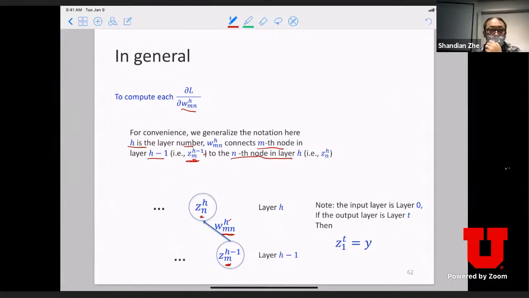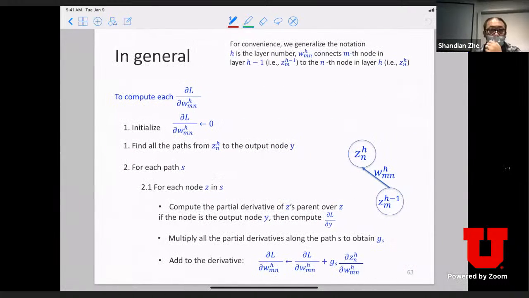And of course, just to obey the convention, suppose your output layer is layer T, we're going to index the output neuron by 1, not by 0. So Y is also denoted by Z_1^T.